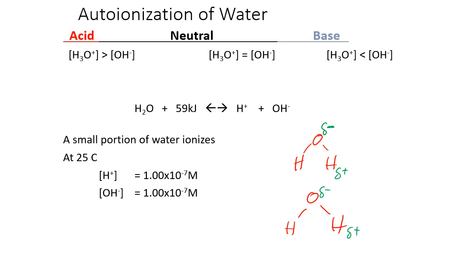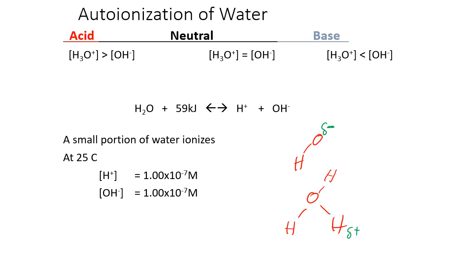And what happens is that this oxygen right here is so negative that it'll rip this hydrogen from another water molecule. When you have these two water molecules together, it'll completely rip off that hydrogen and take it for itself.